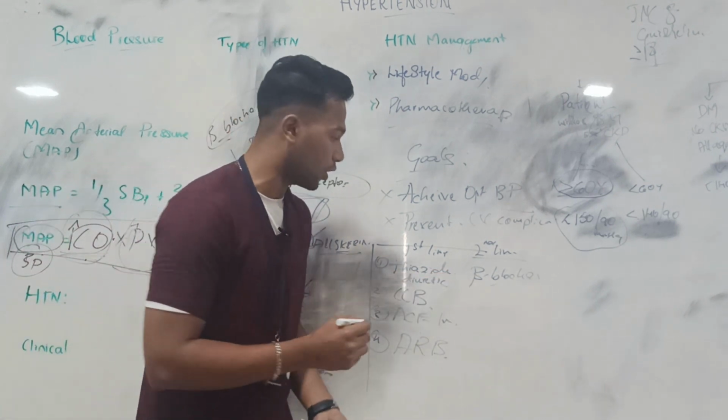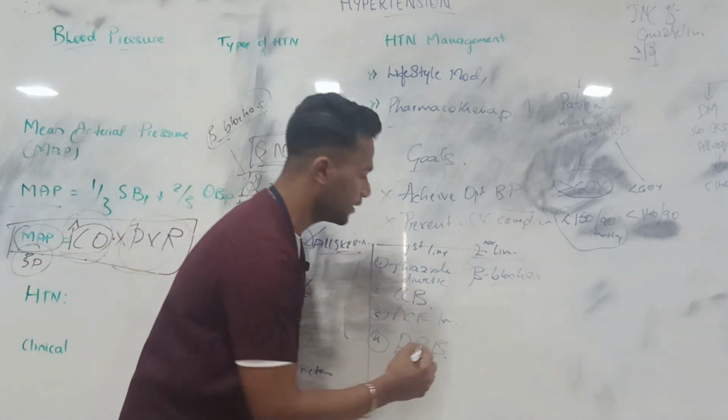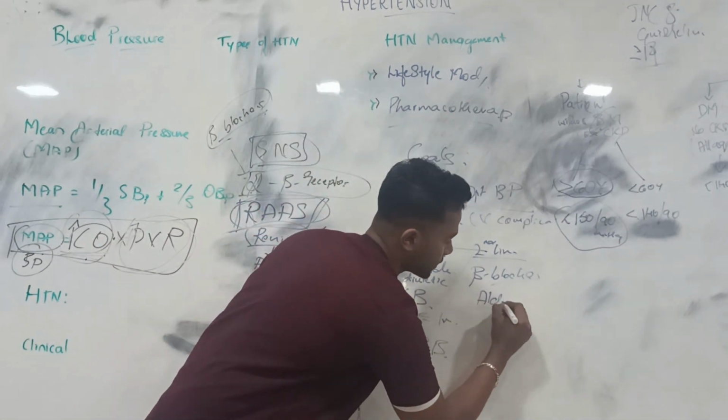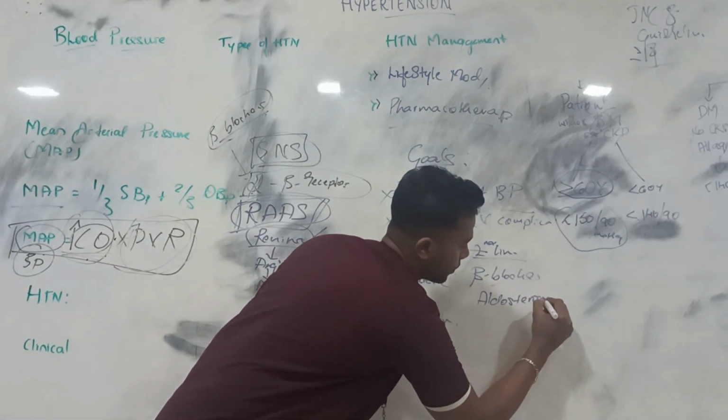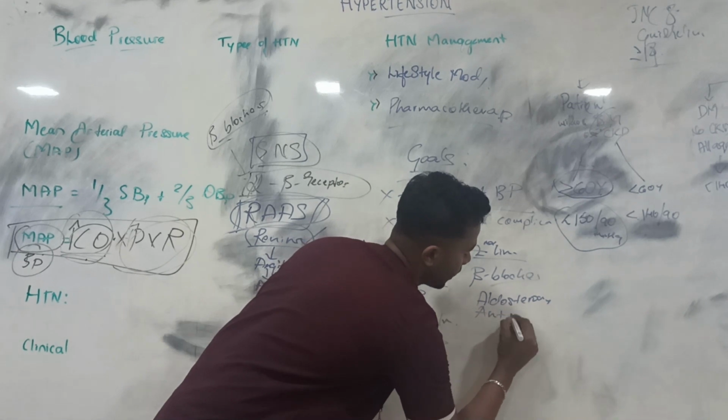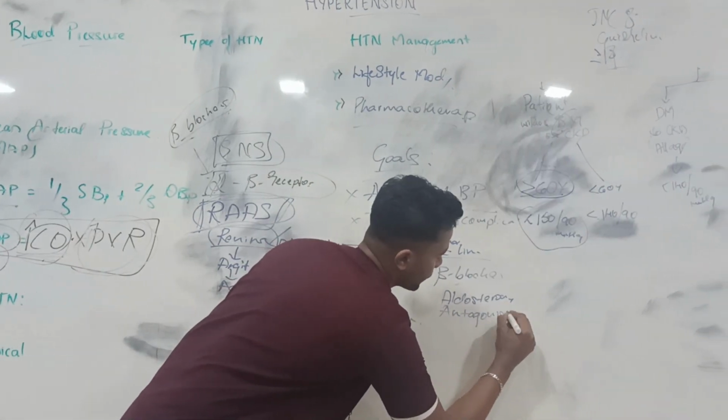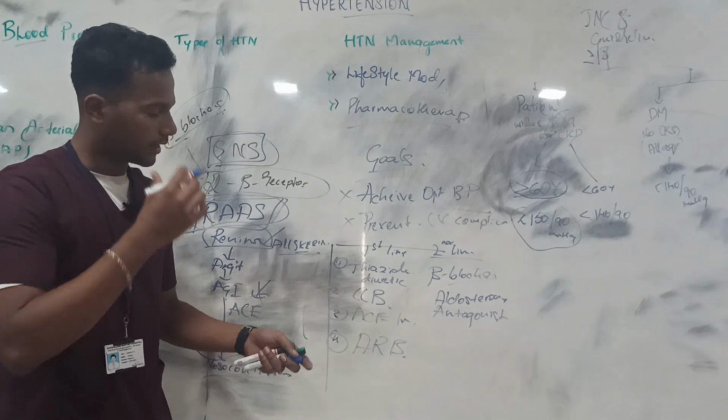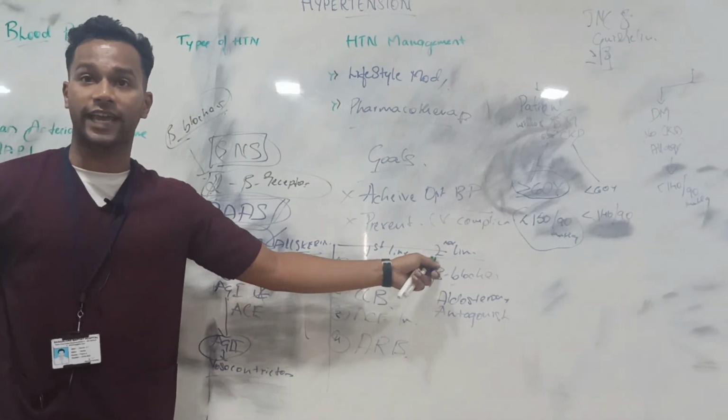Second line, the drugs that come are beta blockers, then aldosterone antagonists. Yeah, these are the two drugs which come in second line.